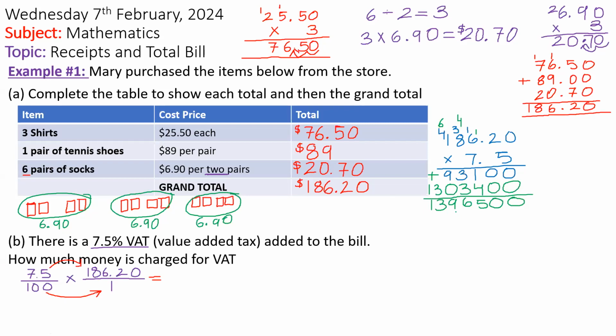Excuse me, before I go on, I would say there are 3 numbers behind the decimal point, because 1 is behind the 7 and 2 is behind the 186. It should be 1,396.500. Okay, so you're saying it's 3 numbers. That's very good. It is 3 numbers: the 2, the 0, and the 5.